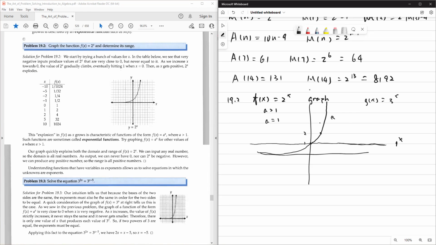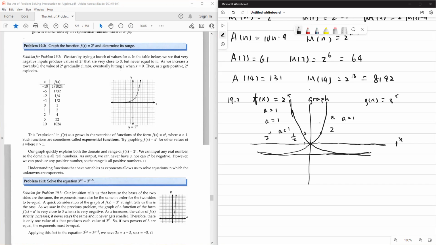When a is greater than 1, you grow. When a is less than 1, you actually go the other direction. They're symmetric. So this is when a is less than 1. For example, this is 2, then this is 1 over 2. Why? Because 1 over 2 is 2 to the negative 1.